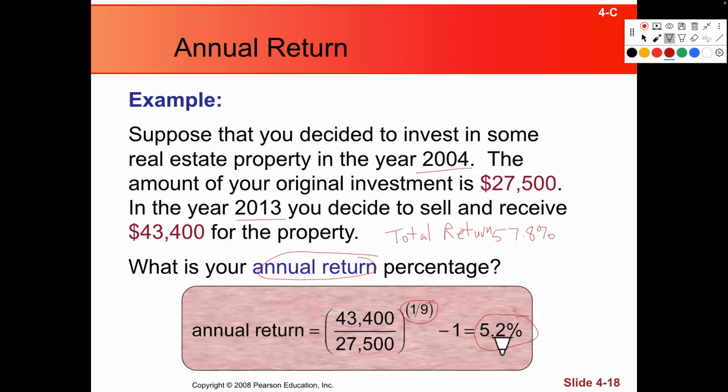Not as exciting. Still not bad for real estate. In real estate, if you get about 4%, you're doing pretty well. So it's a conservative investment. It's not bad, but it's certainly not 57.8%. So when you want to compare two investments, you want to look at the annual return. So far, so good?